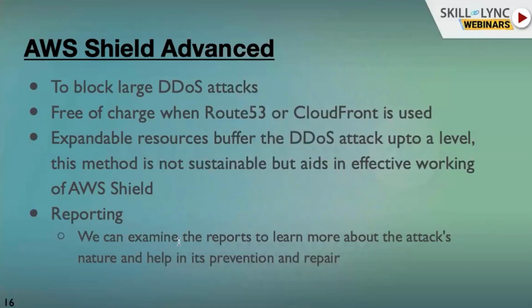And reports. AWS Shield itself will provide reports where it will give the combinations, such as all are coming from a Linux machine, or all are coming from one geographical location, or all are vulnerable to one particular attack. Based on that, we can take countermeasures, or the nature of the attack can be understood.